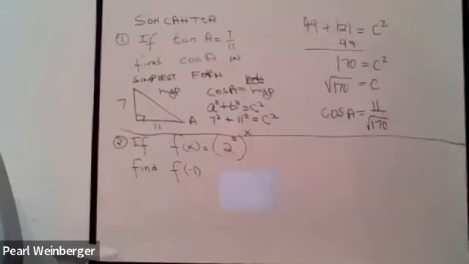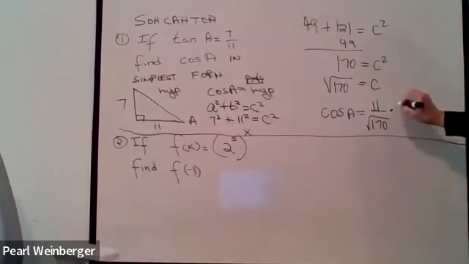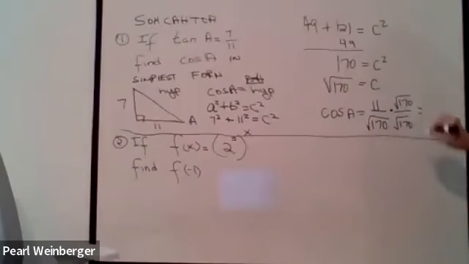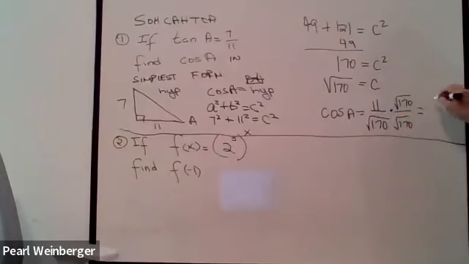Now, this is a perfectly good answer, except when we say simplest form, we don't want to leave a radical in the denominator. So what I do is I multiply the top and the bottom by the square root of 170 so I can rationalize the denominator, make the denominator into a number without any radical. So this will become 11 times the square root of 170.